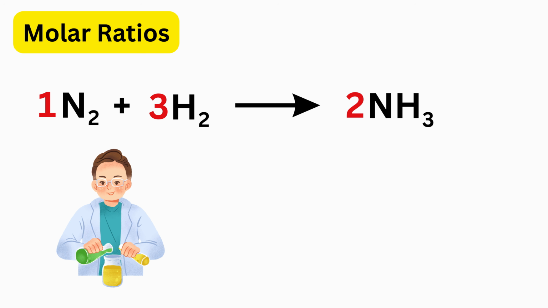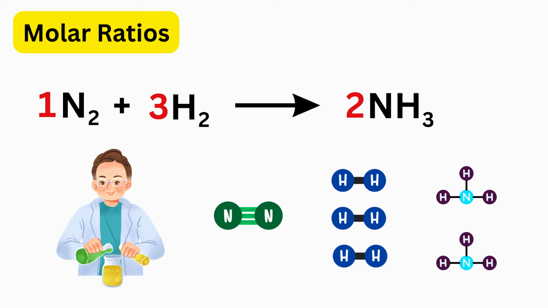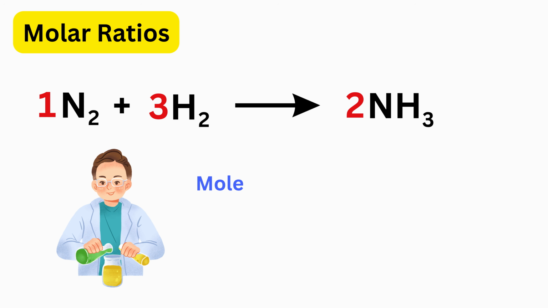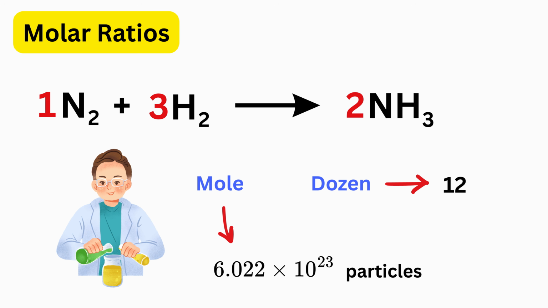In the real world, chemists do not work with just a few molecules because molecules are far too small to count individually. Instead, they work with moles. A mole is simply a very large counting unit containing approximately 6.022 × 10^23 particles. Just as a dozen means 12 objects, a mole means an enormous collection of particles.